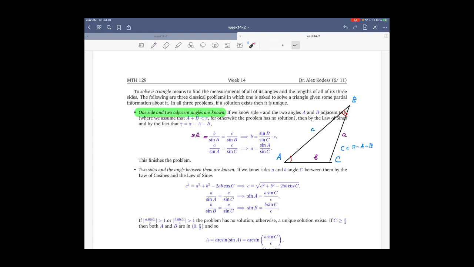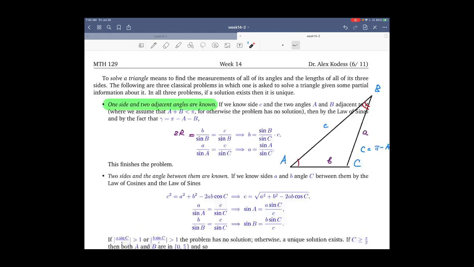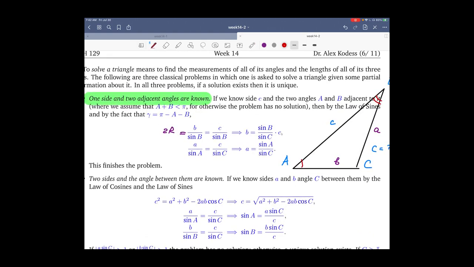From here, it's easy to find B. B is simply C over sine C times sine B. It's a typo, of course.